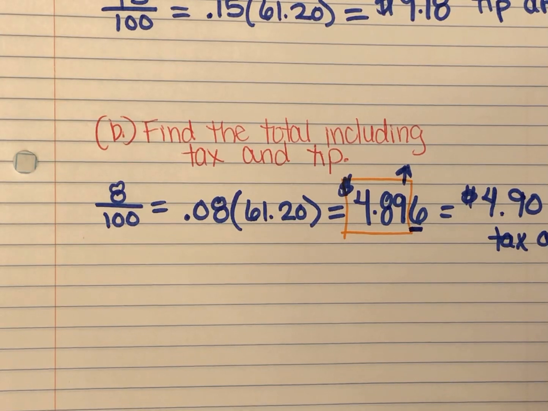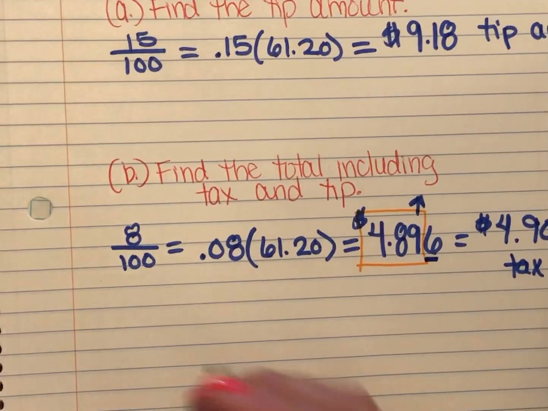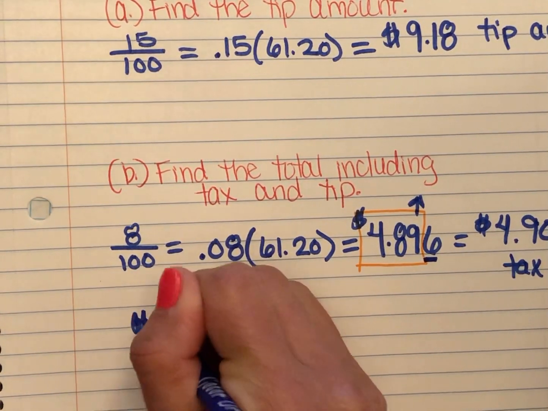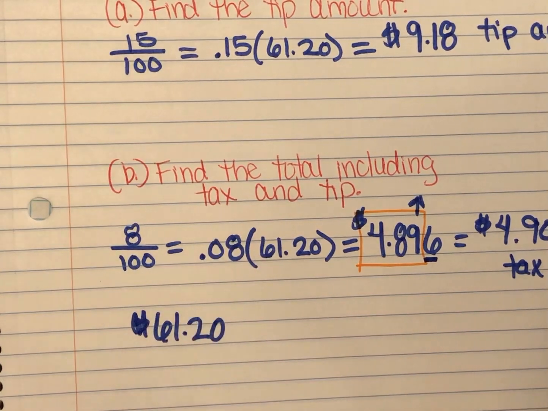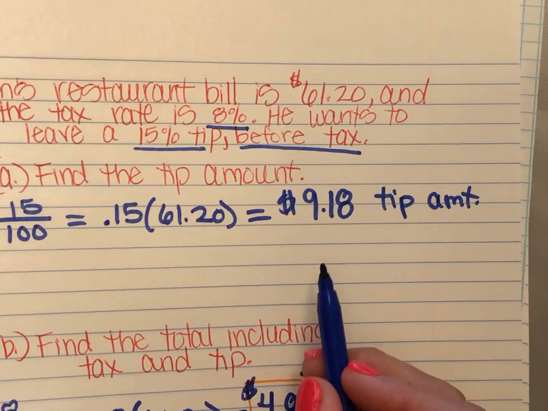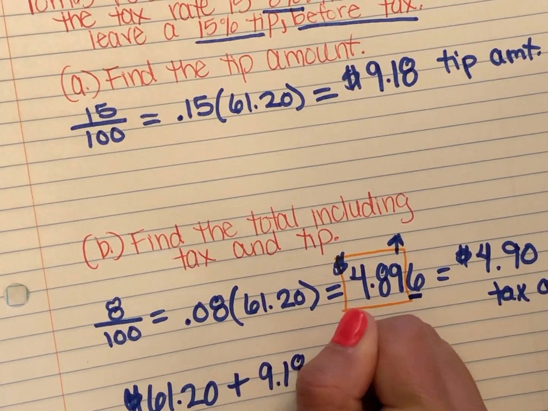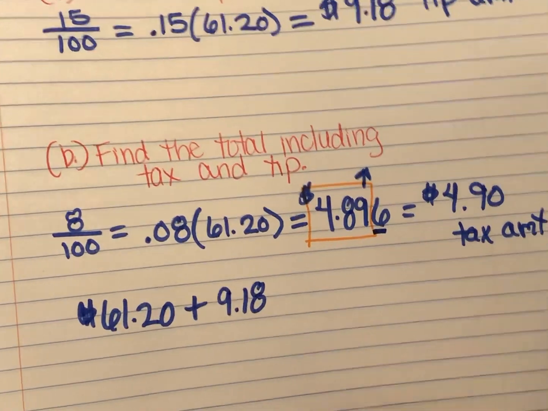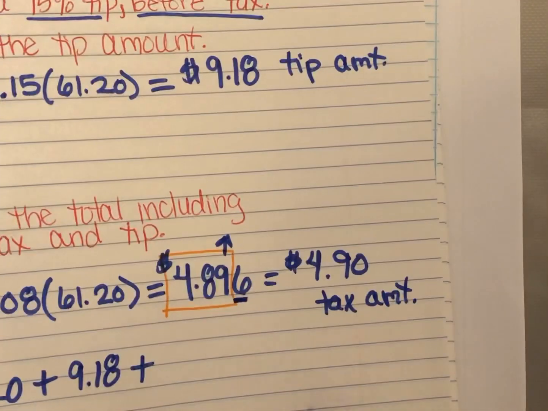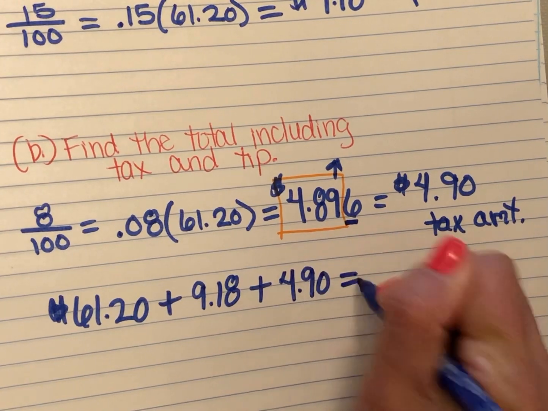Okay. So now we just need to find the total. You're just going to add all these together. Okay. So our restaurant bill was $61.20. Add that to your tip amount that you're going to leave for the waiter, $9.18. Okay. Add that to your tax amount, $4.90.